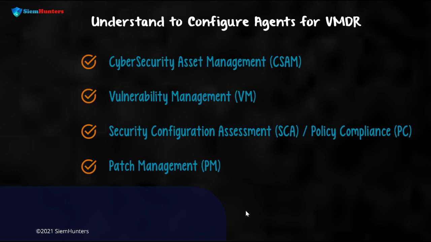Coming to the threat protection, that is security configuration assessment, that is SCA or policy compliance. Qualys VMDR uses real-time threat intelligence, advanced correlation, and powerful machine learning models to automatically prioritize the riskiest vulnerabilities on your most critical assets. This reduces potentially thousands of discovered vulnerabilities to a few hundred that matter.